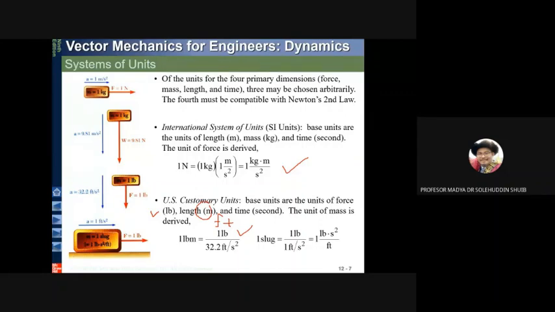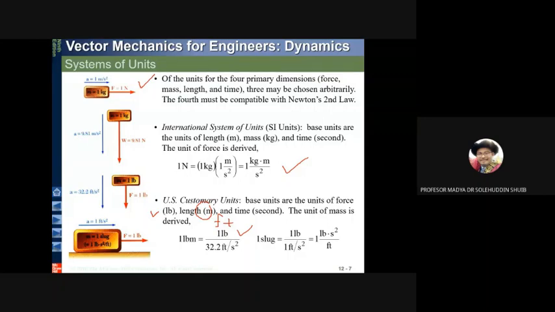If the block moves to the right, you can see this is the mass, 1 kilogram. We know that force equals mass times acceleration. The force is in this direction, the acceleration also goes in this direction, and the mass is 1 kilogram. So we have force 1 Newton, mass 1 kilogram, and acceleration 1 meter per second squared. This is the first one.